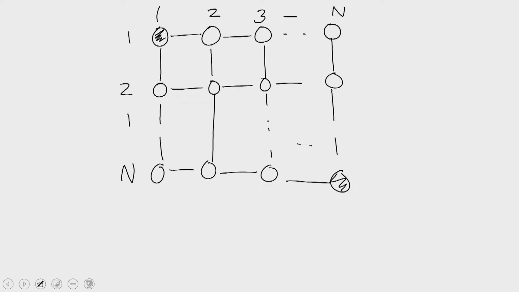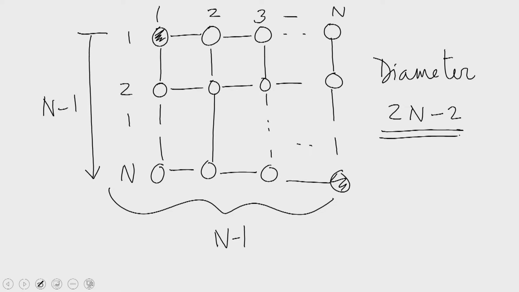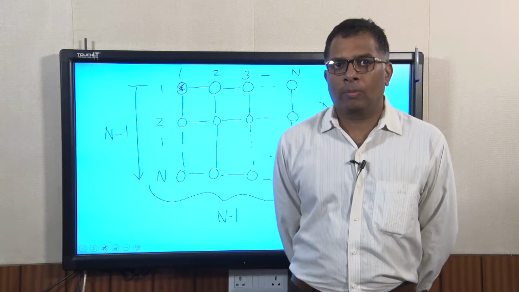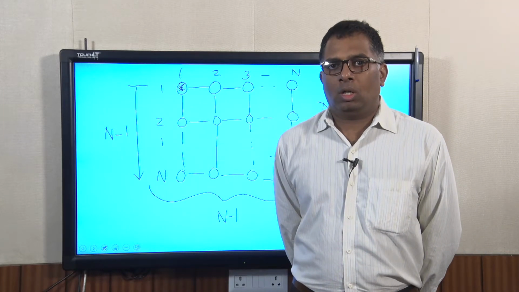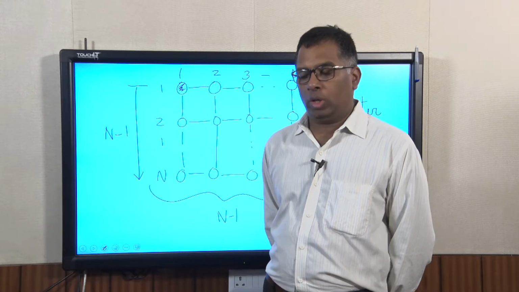That is, start at one corner and go to the diametrically opposite corner. So, the distance traversed would be n minus 1 to come here and then n minus 1 to go here. So, the diameter is 2n minus 2. This is of course one way of going from the top left corner to the bottom right corner. There are various other paths. As it happens in this case, every single one of these paths will have the same length 2n minus 2.